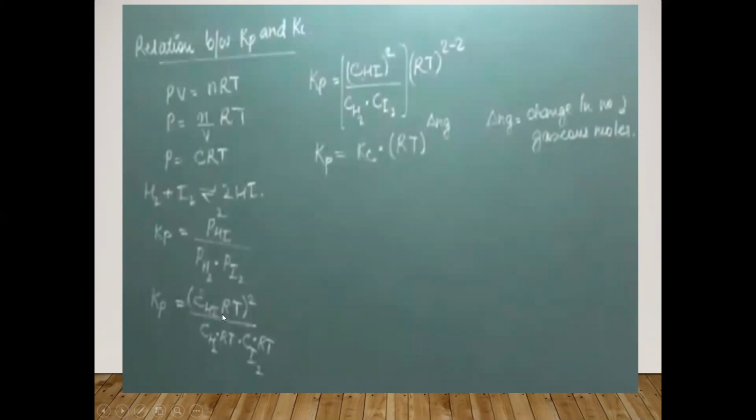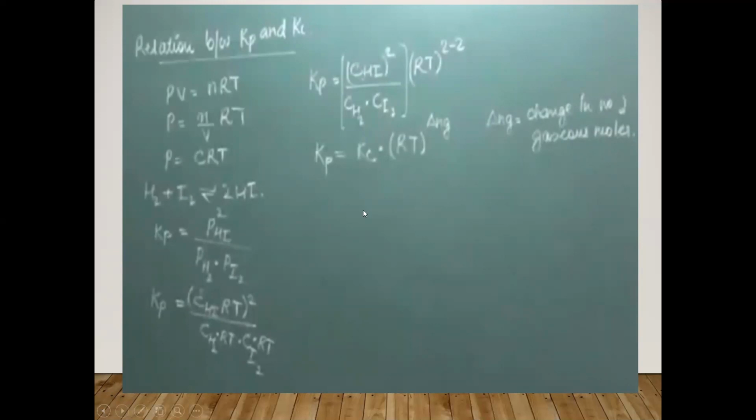Temperature is constant, and R is a universal constant, and we are keeping temperature constant here. So I can write [CHI RT] square, that is the concentration of HI RT power 2, upon [CH2 RT] and [CI2 RT]. Can I write this?